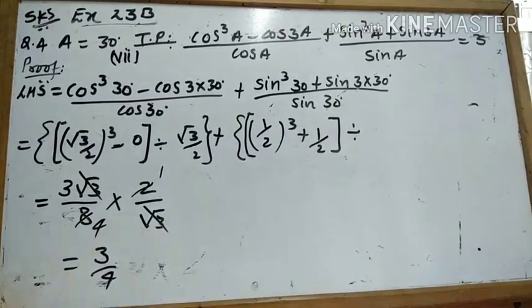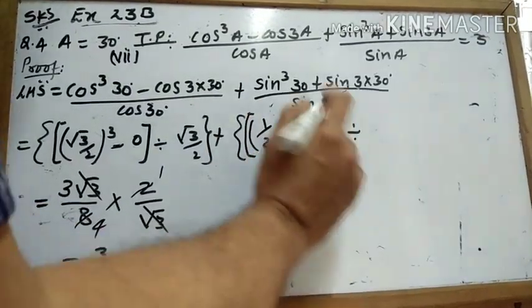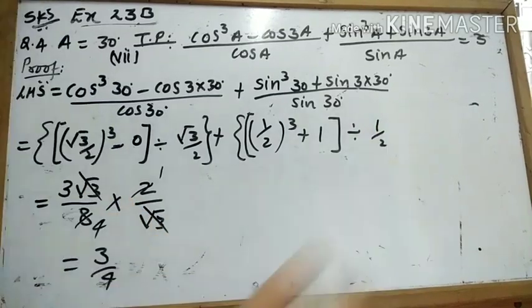Let me tell you, this was sine 90, hence this is 1. Sine 30 will be half.